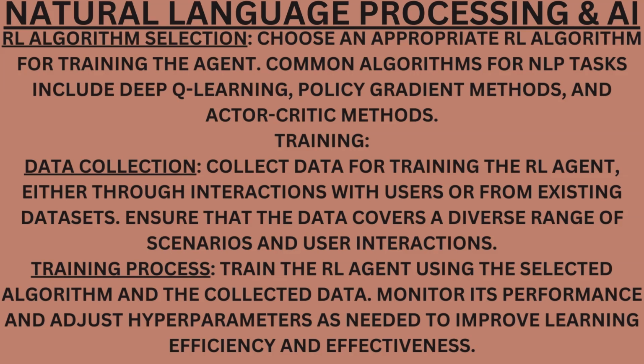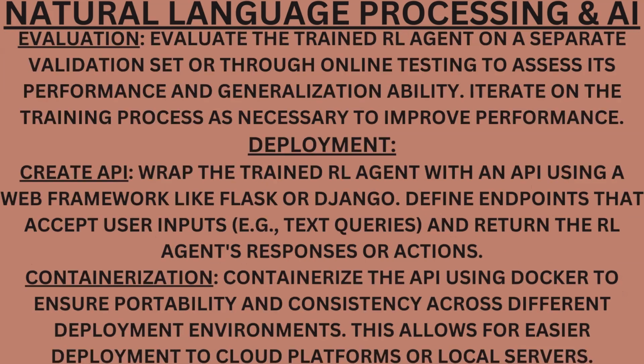Monitor its performance and adjust hyperparameters as needed to improve learning efficiency and effectiveness. Evaluation. Evaluate the trained reinforcement learning agent on a separate validation set or through online testing to assess its performance and generalization ability. Iterate on the training process as necessary to improve performance.